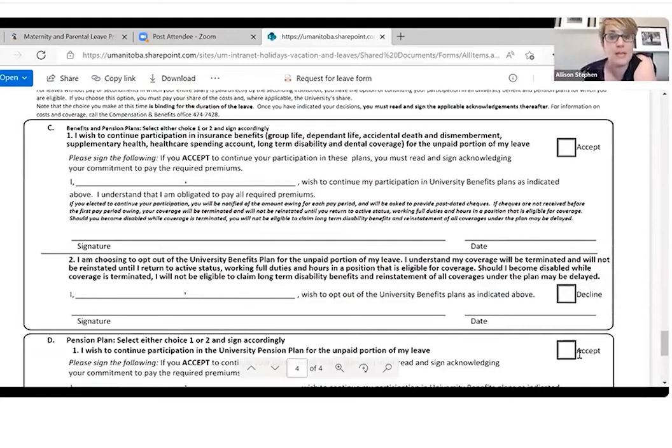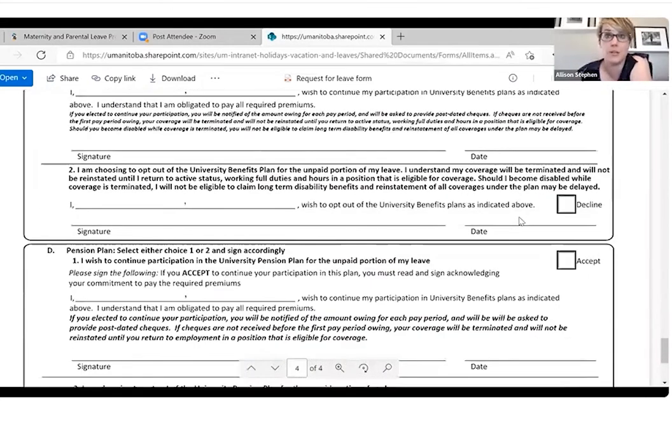If you're taking an extended leave, it's even longer. It's about 9 months worth of paying for this. So it can be very expensive, paying both shares. So you can also reach out to the pension office or to benefits and ask them, how much would I have to pay every 2 weeks if I wanted to continue this? And they can give you a breakdown.